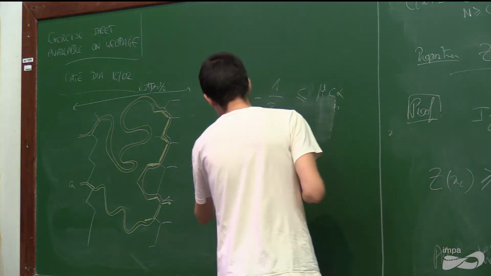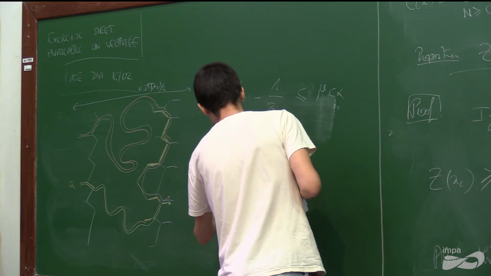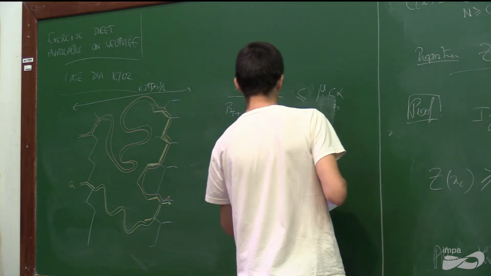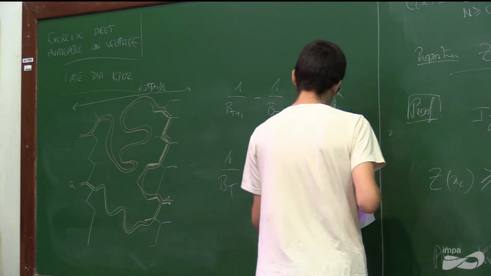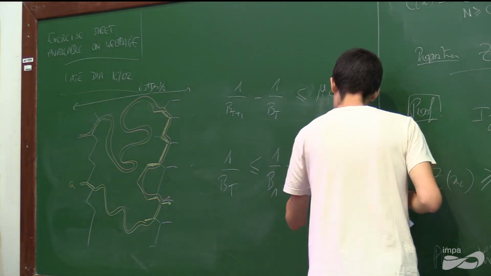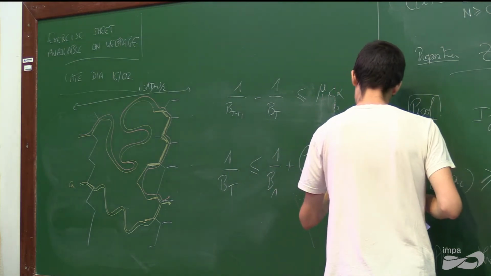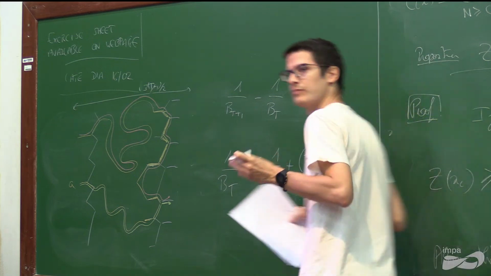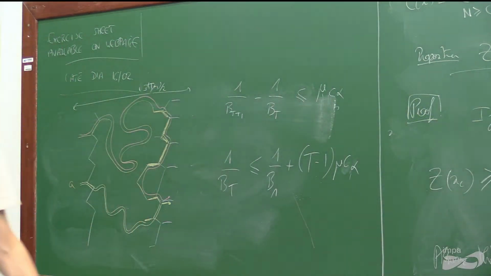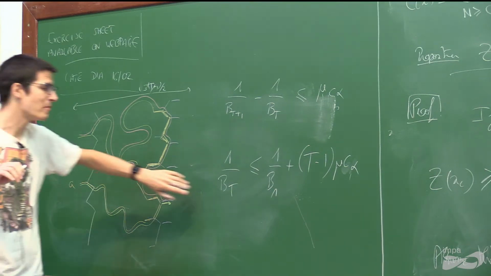So what this gives me is that 1 over BT is smaller than 1 over B1 plus T minus 1 times mu C alpha. You want a lower bound on BT, so you want an upper bound on 1 over BT.